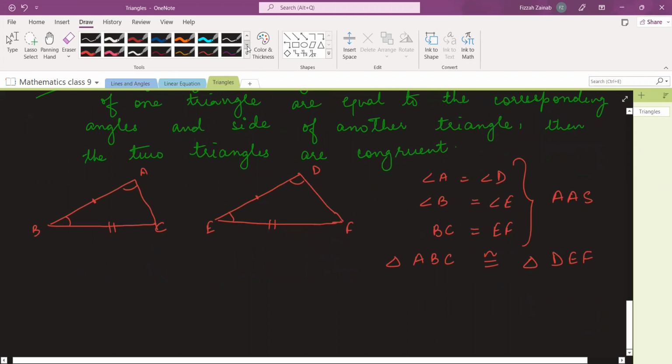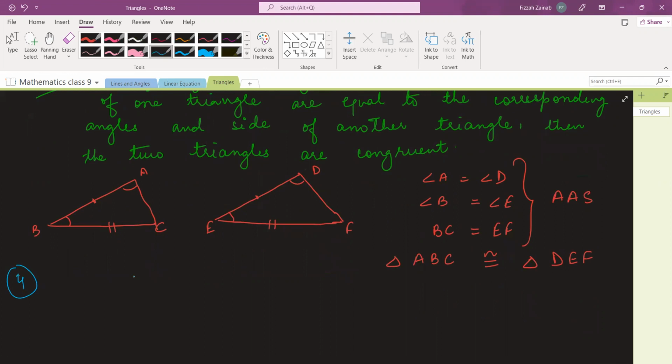If you have written, I hope you have written. There is a fourth criteria also. Right now, I'm not going into the proof of it. We will do that later on. Here, I'm just introducing you to the various criteria. Is that okay?